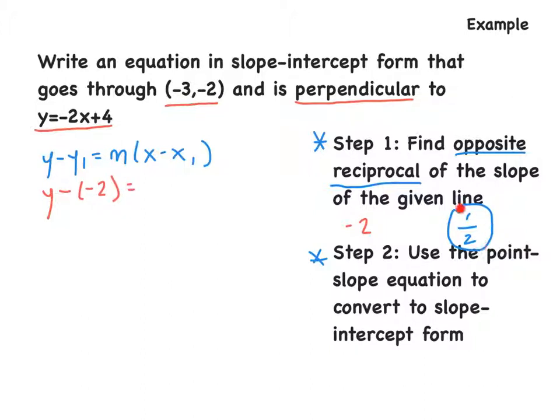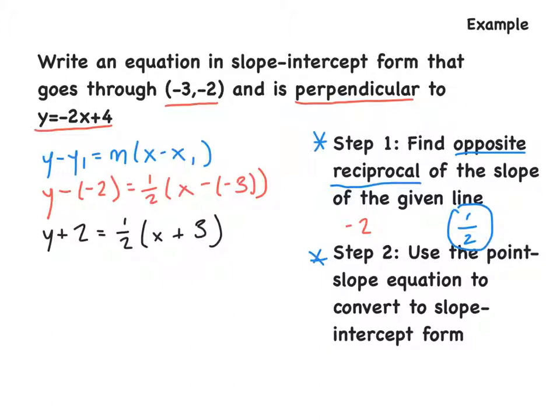Remember, the slope that we're using is 1/2 times x minus, our x1 is -3. Alright, I'm just going to clean this up because remember, if you're subtracting a negative, it's basically like you're adding. So I'm going to clean this up where y minus 2 is equal to 1/2 times x plus 3.